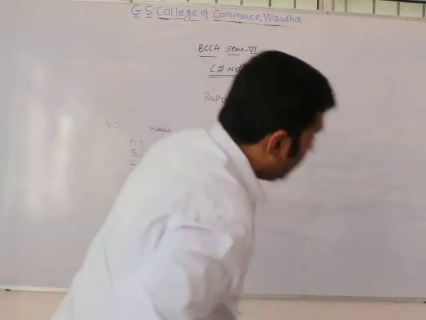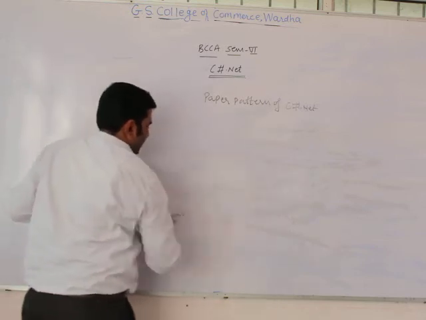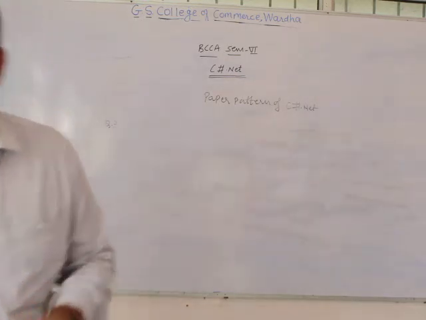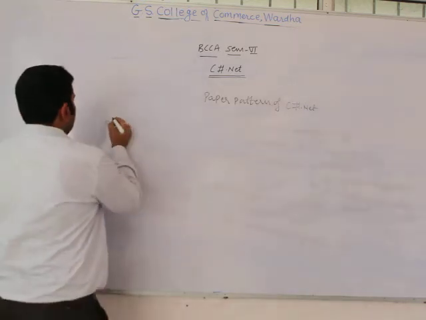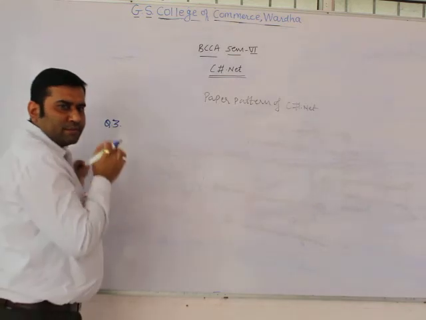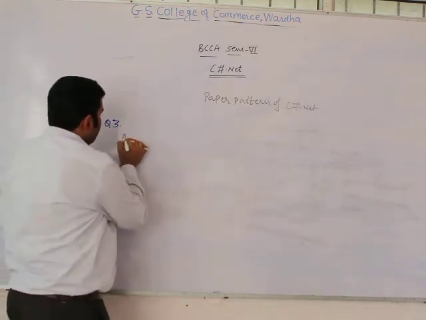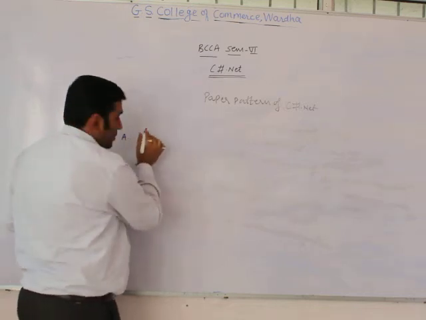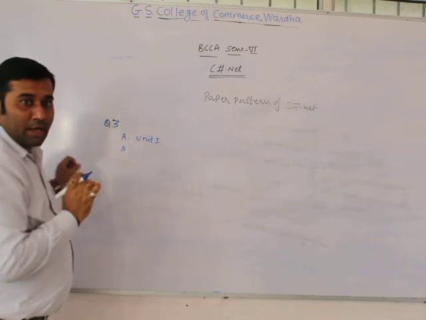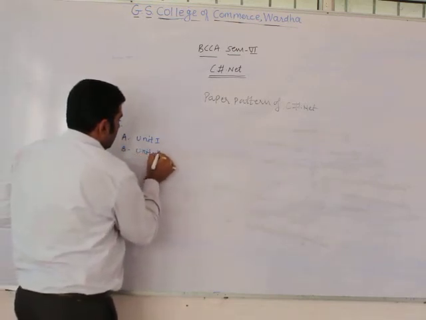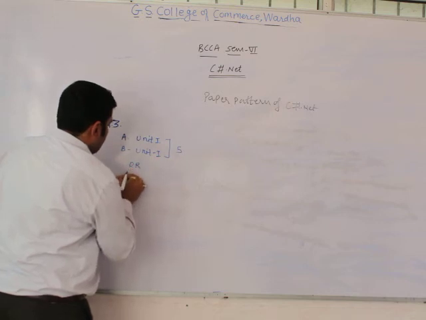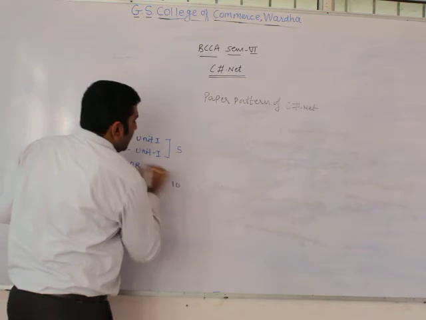Question 3 is a 5-mark question. A and B are asked from unit 1, both 5-mark questions, and there is also a 10-mark question from unit 1.